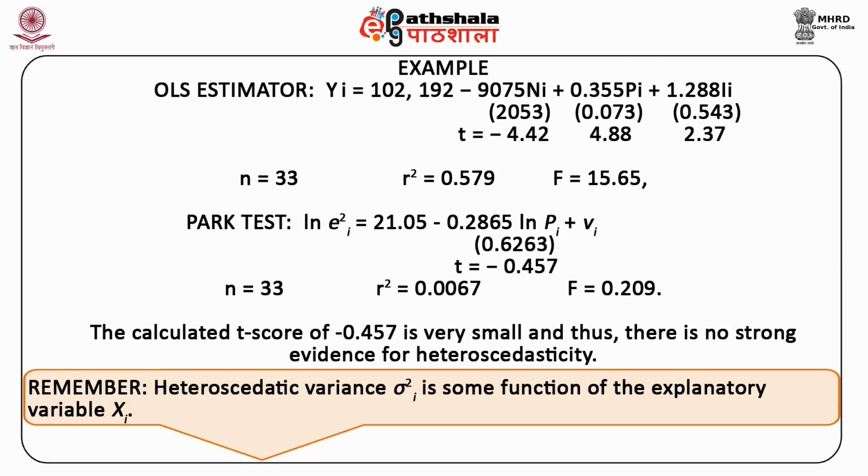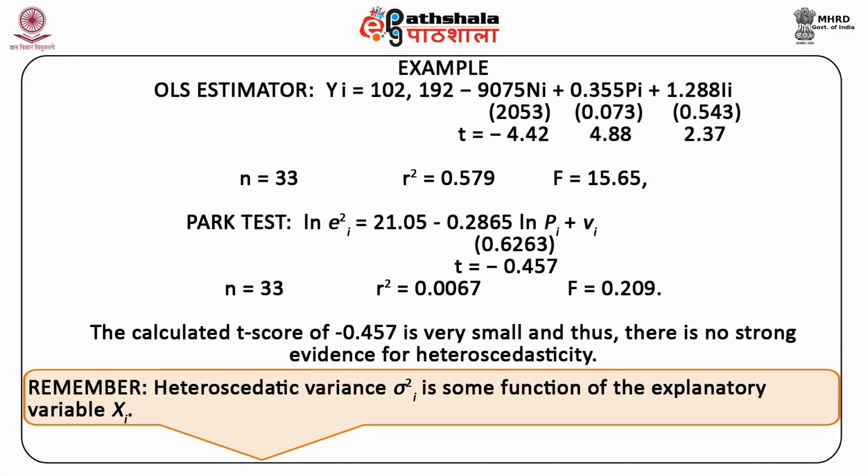Now we use the Park test to check if the residuals give any indication of heteroscedasticity, as large population, which is denoted by P, clustered in a nearby area might result in large error term variances.